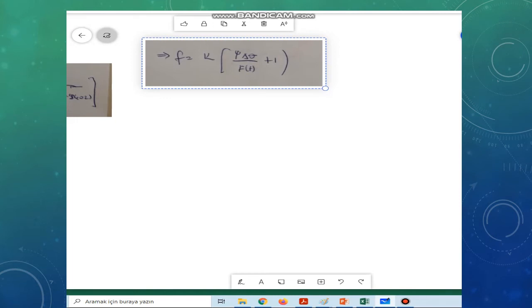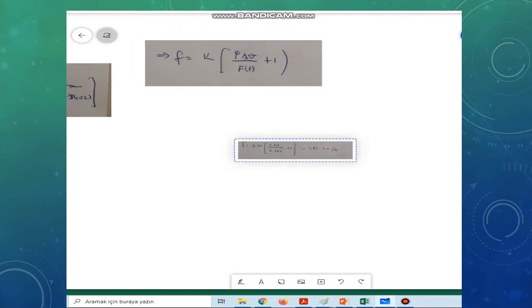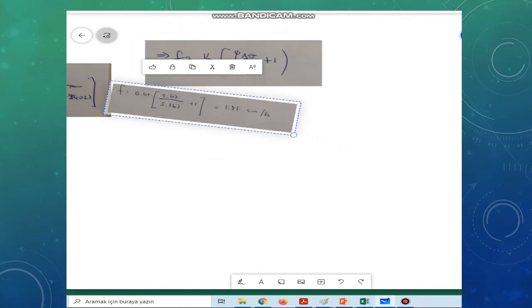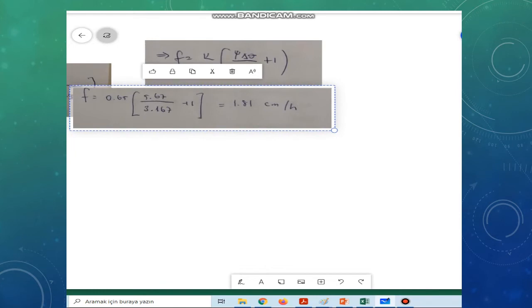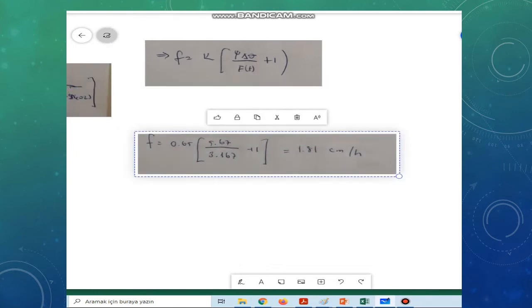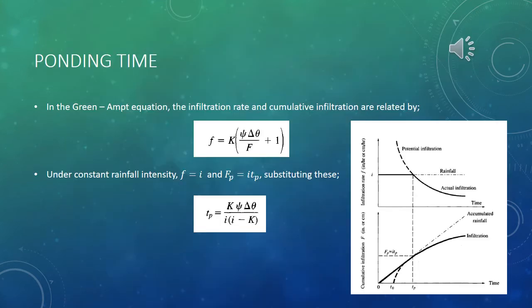I know cumulative hydraulic conductivity, suction head, delta theta, cumulative infiltration, and right now I just need to plug in all these terms, and I found that my infiltration rate is 1.81 centimeter per hour.